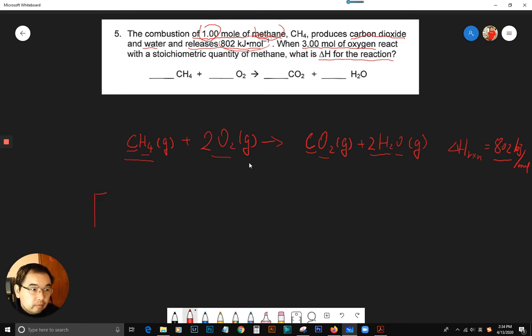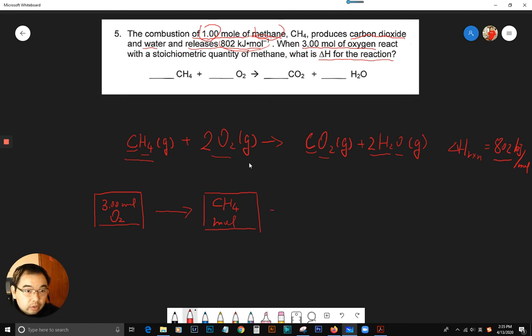Okay, so for this question, you need to separate the question into 2 parts. First, we have 3 moles of oxygen, and you need to figure out how much methane we need to react with the 3 moles of oxygen, because we know the relationship between the methane and the heat, right? 1 mole of methane can produce 802 kilojoule of heat.